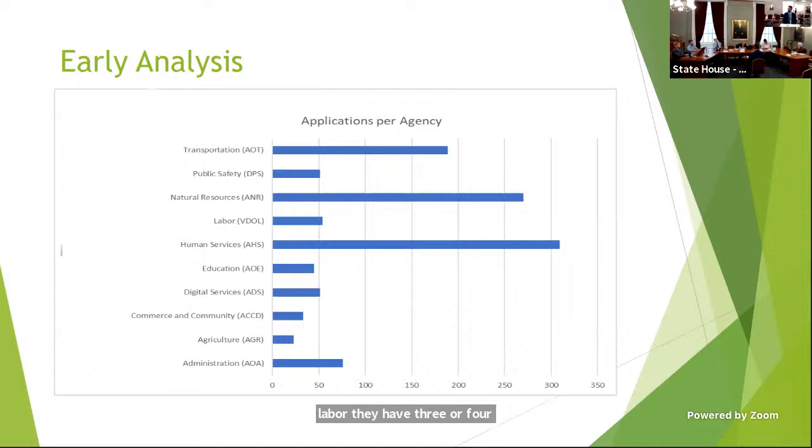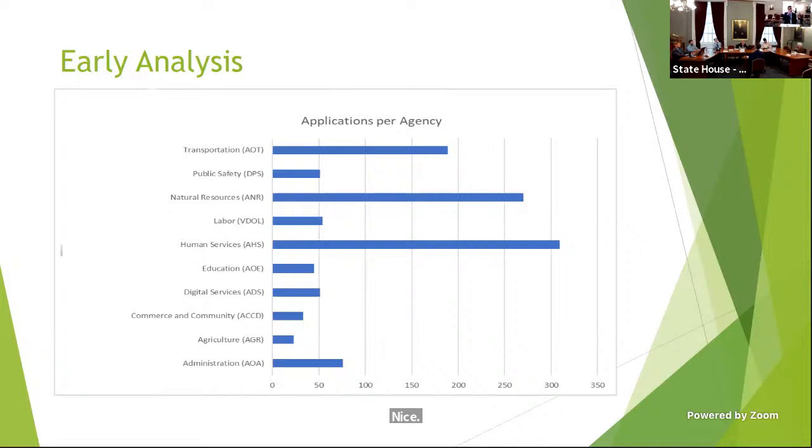There's more than that, of course, but they're relying on only three or four basic things. ANR has a diversity of things in everything they do, and others maybe should have more than they do. But I think this is more a reflection of size and the diversity within their portfolio.